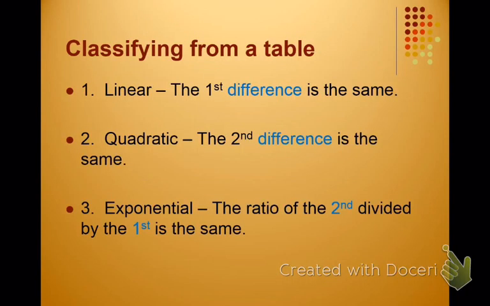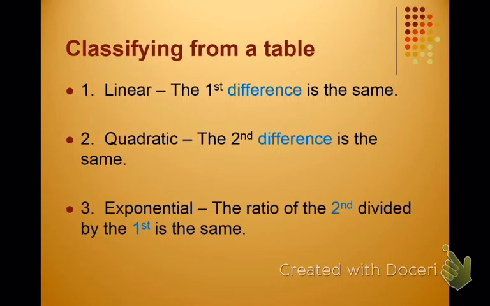Now, from a table, there's a way to tell if you just have a table of values. If you have a t-chart, no graph, no exponential function, you just have x and y coordinates that are mapped out together. Okay?